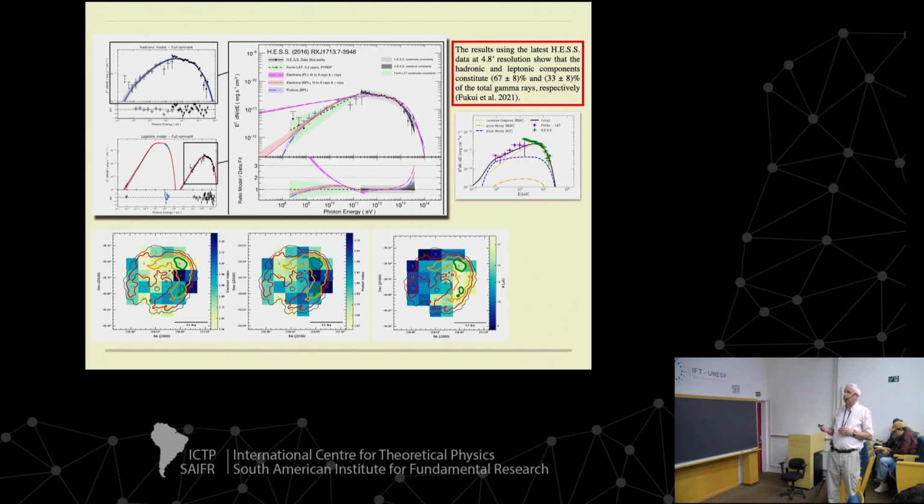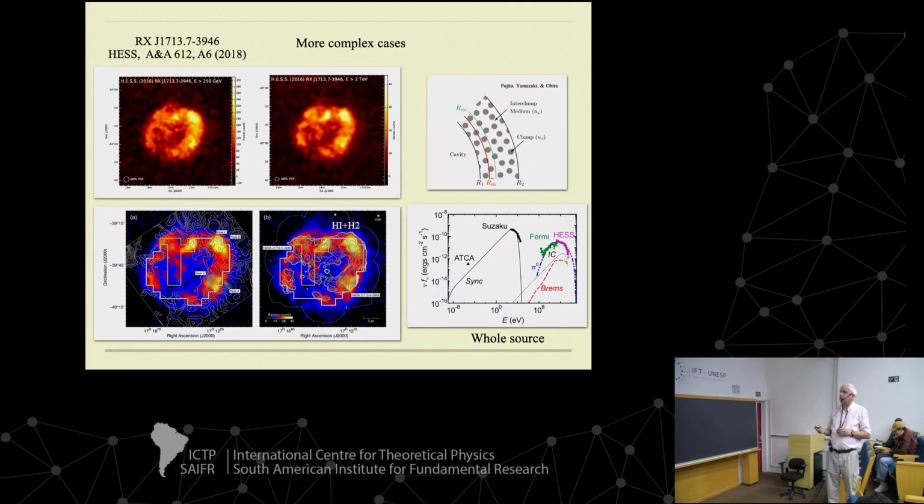No, because fortunately ATCA can also resolve the supernova remnants. So you need to compare the H.E.S.S. image with the map of the source. In this spectral energy distribution, I put just one single point. Right, but you have, for each region, a selection of points with a spectrum. Yeah. So this was just the first attempt.